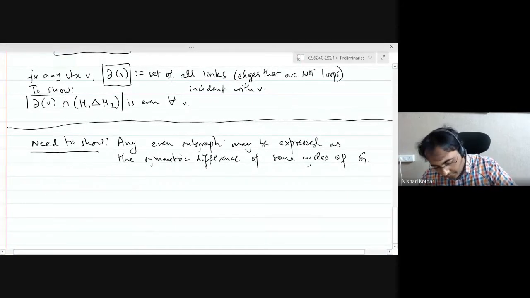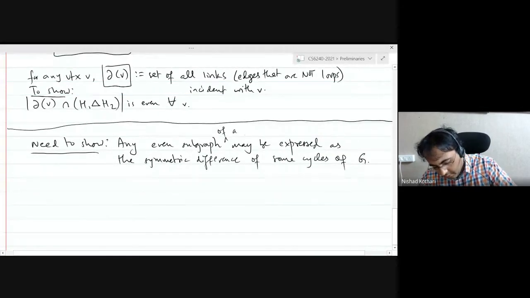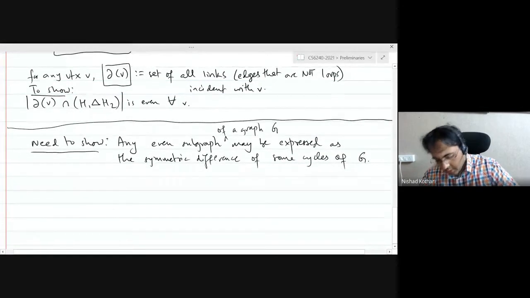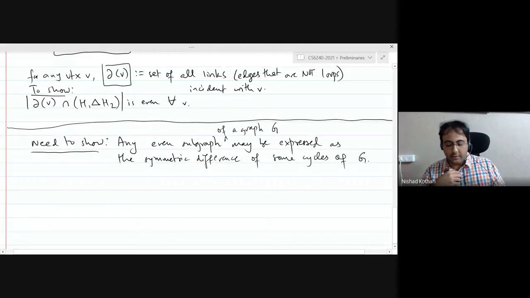What would this imply? Well, this would imply that in order to generate this subspace, you just need the cycles of the graph, and then you will be able to generate every even subgraph.